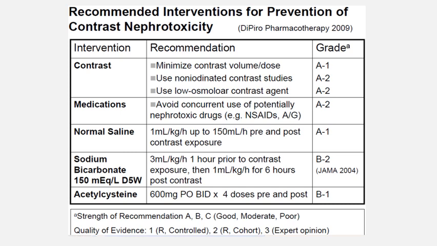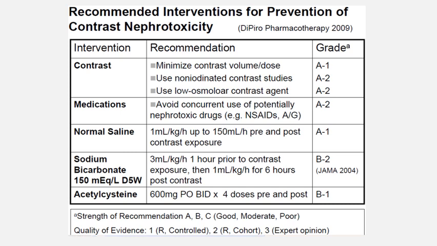If we avoid the use of NSAIDs along with the contrast media, the chances of kidney damage will be less. The administration of normal saline, about 1 ml per kg per hour up to 150 ml per hour, pre and post contrast media exposure will result in less damage to the kidney.